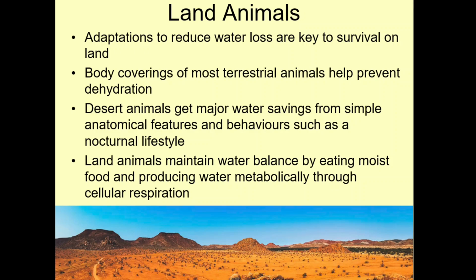So we are getting water produced during that process, and animals that live in extreme environments like deserts are particularly good at conserving and using their metabolic water, because obviously they don't have access to a lot of freestanding water that we do living in a temperate environment in the UK. So if you're living in a desert, you'd better get good at using your metabolic water that's produced through cellular respiration.